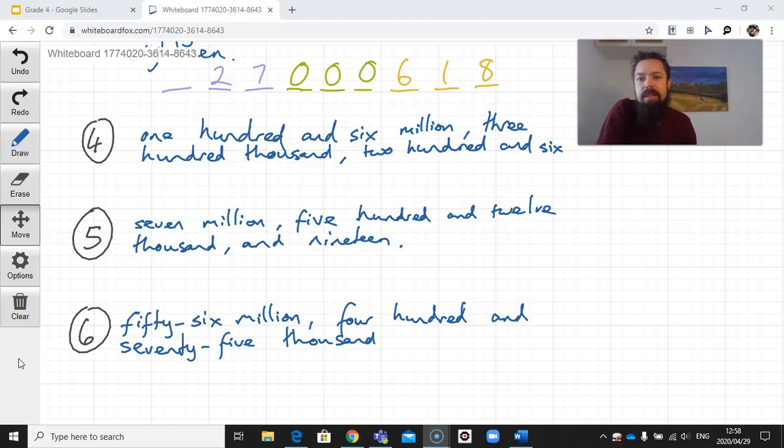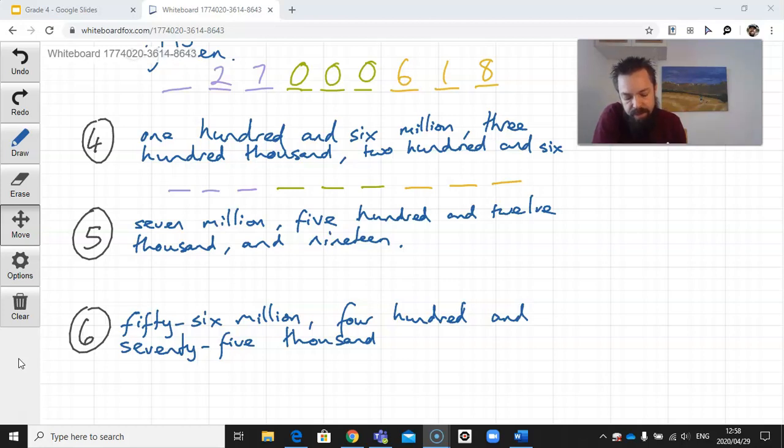I'm going to start with my layout. I see that the biggest family I have for number 4 is my millions family, so I'm going to draw all the families from the millions down. I'm going to look at 5.